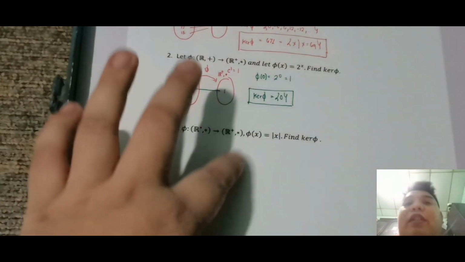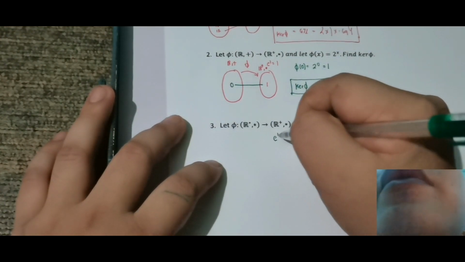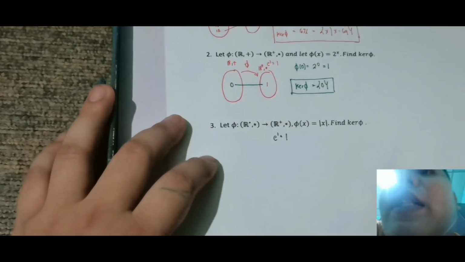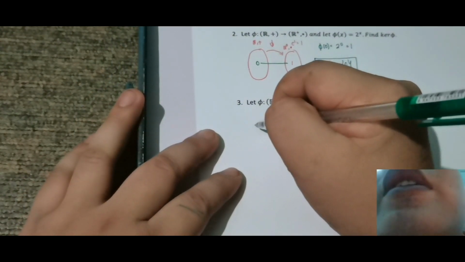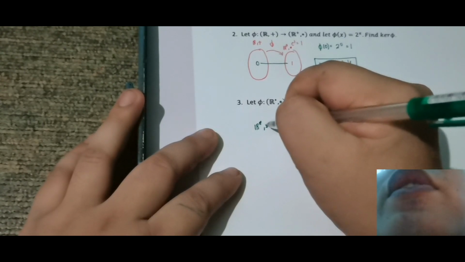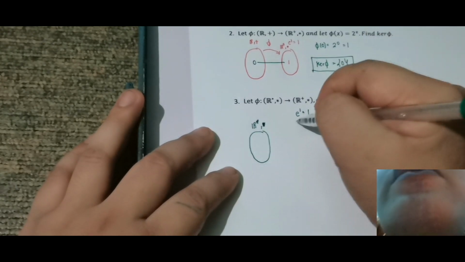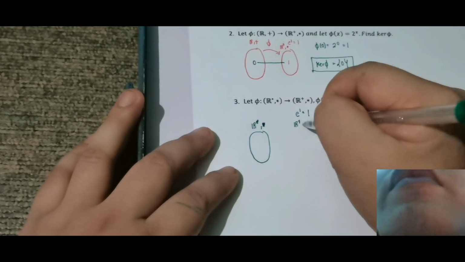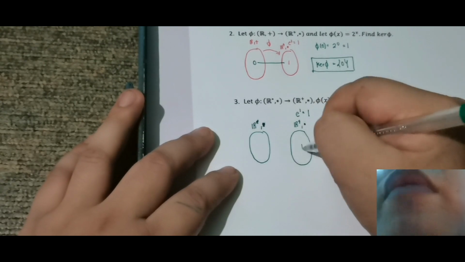So ano ba identity element nito? Ang identity element nito, E prime, is just 1 again. Okay, so kung napapansin mo, kung ito yung ating R asterisk, multiplication rather, tapos ito yung R plus, multiplication, ito yung 1.